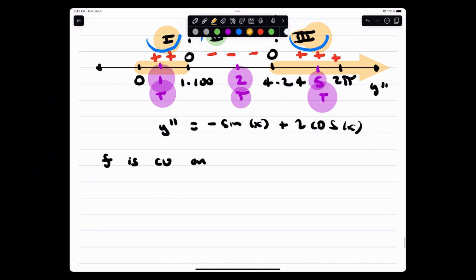Okay, what's the definition of being concave up? Holds water. What else? It's where the second derivative is positive, right? So isn't that from 0 to the radian value 1.100?